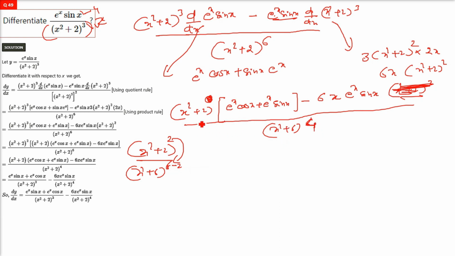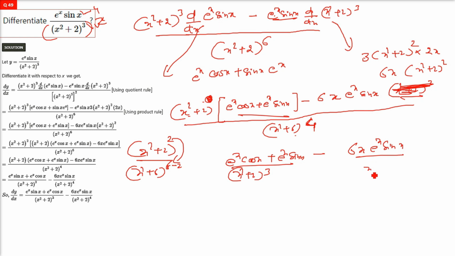Now you can take them separately. So you have x square plus 2 times e to the power x cos x plus e to the power x sin x, one value will be deducted. So it will be x square plus 2 whole cube minus 6x e to the power x sin x, divided by x square plus 2 to the power 4.